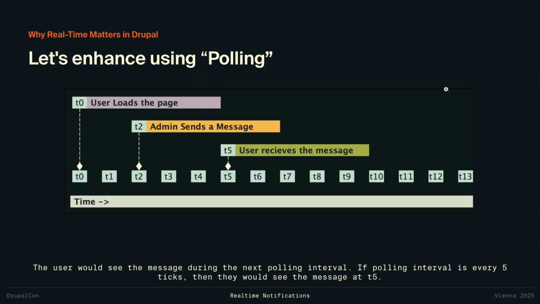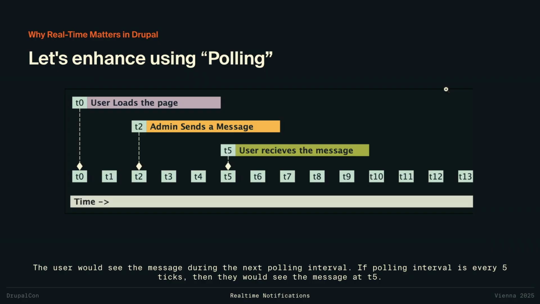Let's say it checks for a message every 10 seconds or so, so at least it is guaranteed that, unless there is a JavaScript error on the page, the user would see the message in 10 seconds. So in this case, at T0 the user loads the page, the admin sends the message at T2, and at T5 the user receives the notification. That's polling for you.